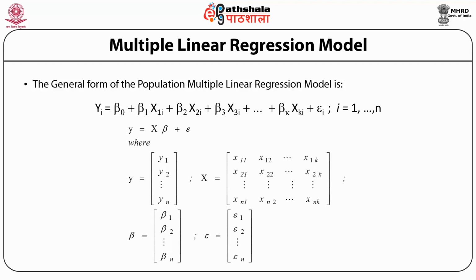If we write it in matrix form, it would be y equal to the column y1, y2, up to yn, x equal to the matrix of x values, and beta equal to beta 1, beta 2 up to beta n, for i equal to n observations, alpha equal to alpha 1, alpha 2 to alpha n.